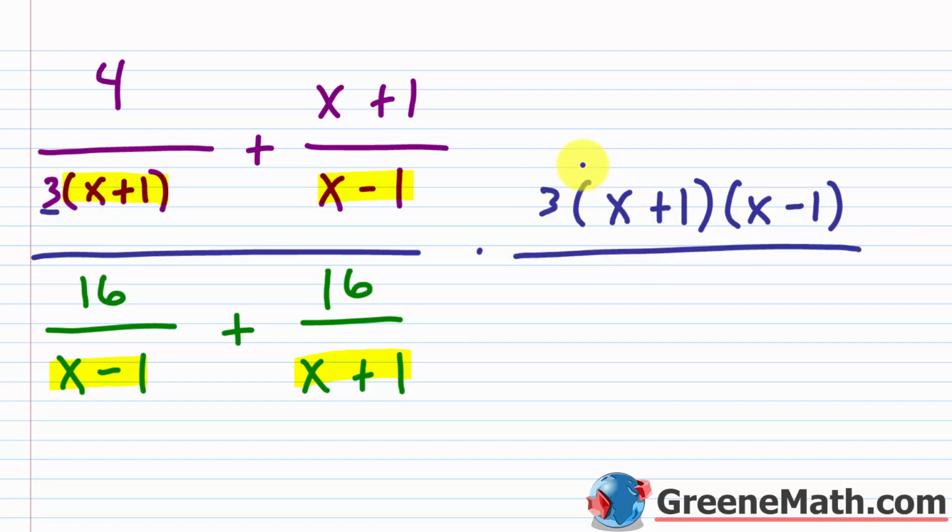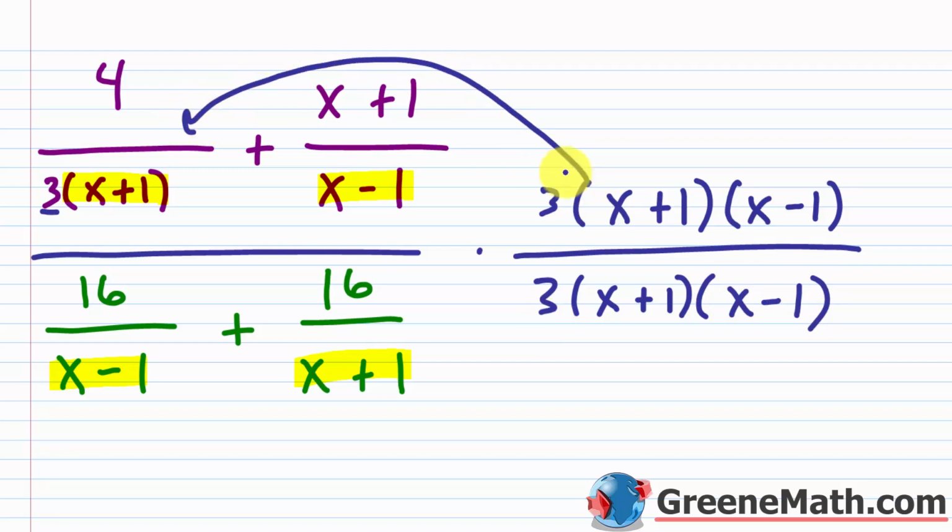So I'm going to multiply the numerator of this guy by this, and then to make it legal, of course, I'm going to multiply the denominator of this guy by this. So think about how this is going to happen. This is going to be distributed here, and then also here, and then this is going to be distributed here and also here. Because this is going to be a bit messy, let's do this on a separate sheet. So I have 4 over 3 times the quantity x plus 1 times this guy.